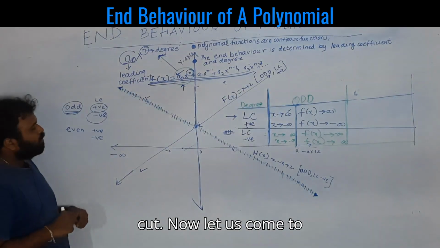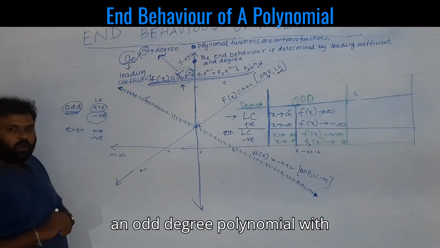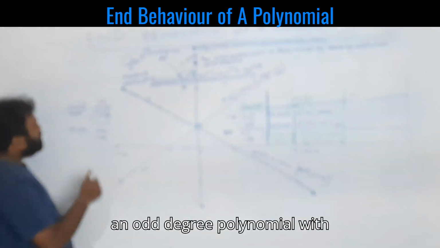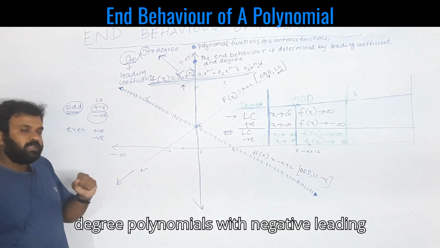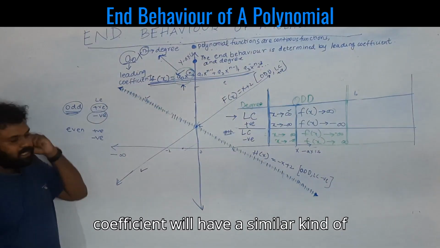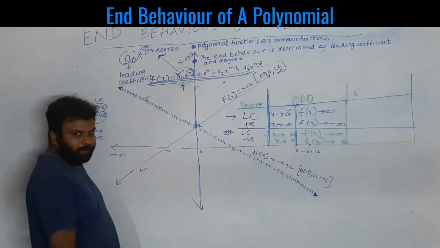Now let us come to an odd degree polynomial with negative leading coefficient. All odd degree polynomials with negative leading coefficient will have a similar kind of behavior.